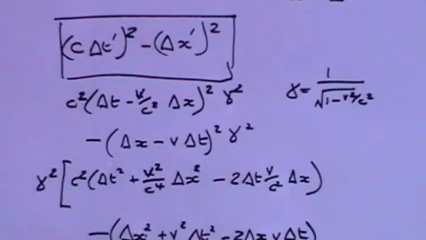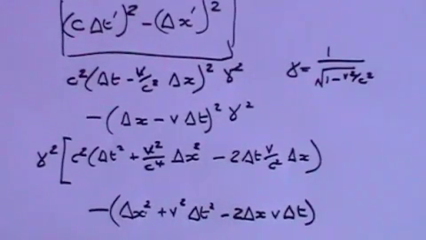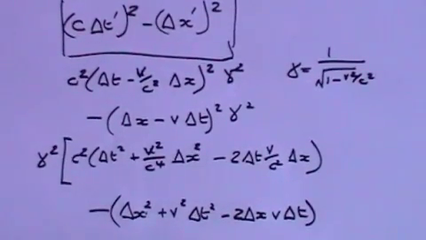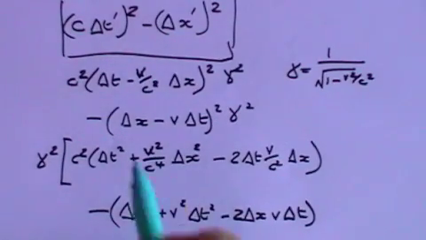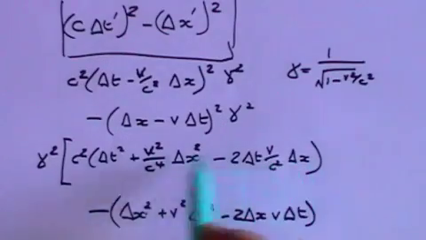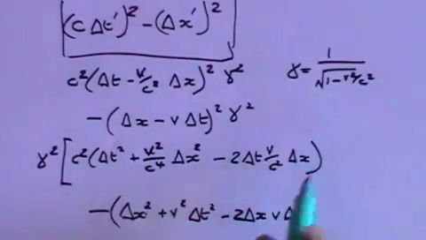So now all we've done is laboriously multiplied through. Now what we can do is multiply this term through by c squared, because there's the c squared. We're just going to multiply everything through.